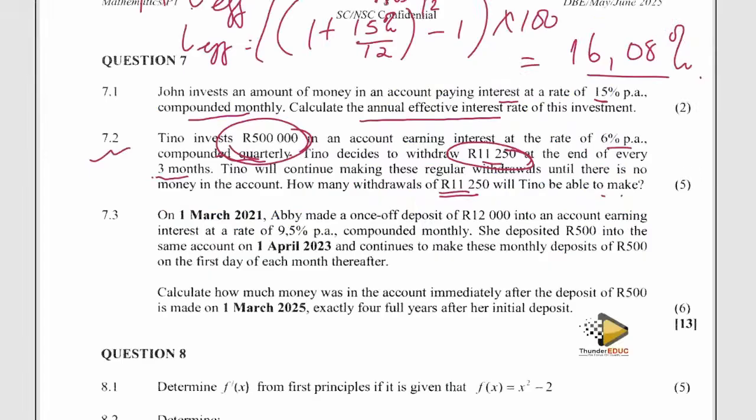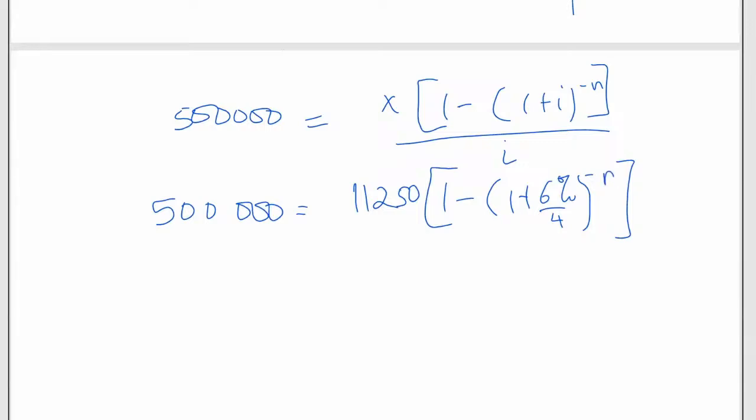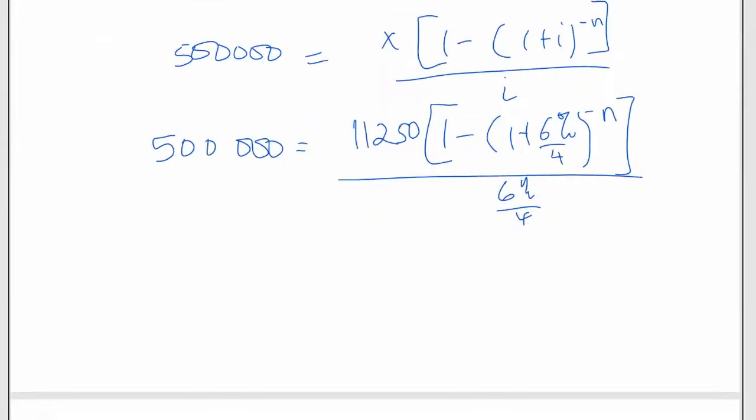Determine the number of withdrawals. So why am I multiplying by n? So let me just leave it as negative n, because now it will be 4 times the n itself. So let's just leave it as a negative n. And this is over 6% over 4. So I'll start by multiplying both sides or dividing both sides.